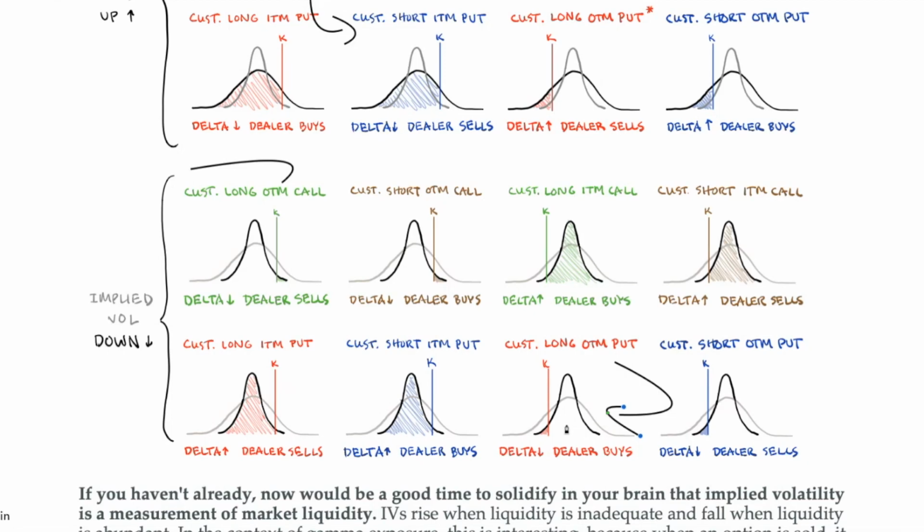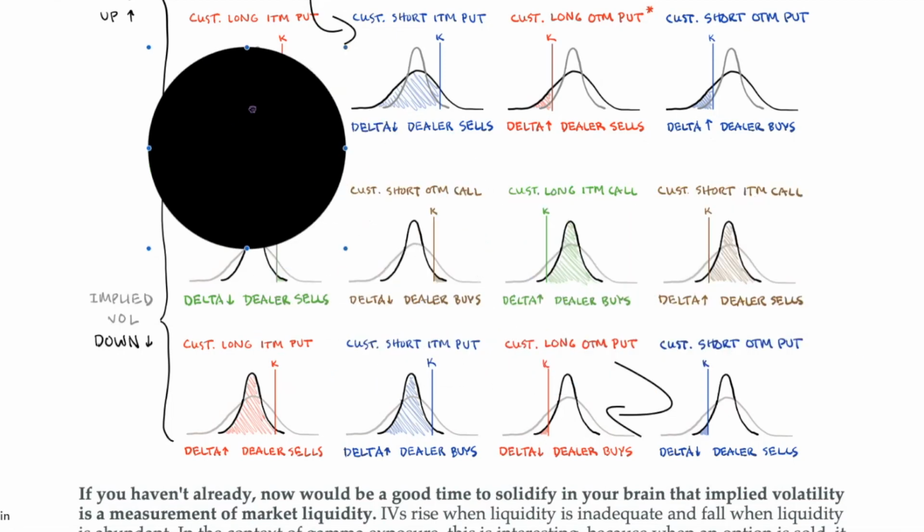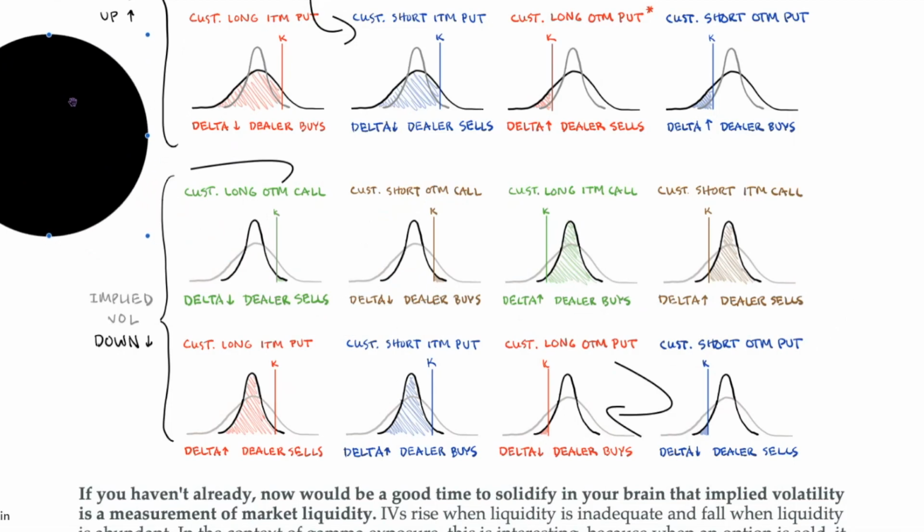Yeah, and the dynamic that could lead to a blow off top is actually something like this: customers being short in the money calls. I hadn't really been thinking about this too much before, but we've seen that happen before.